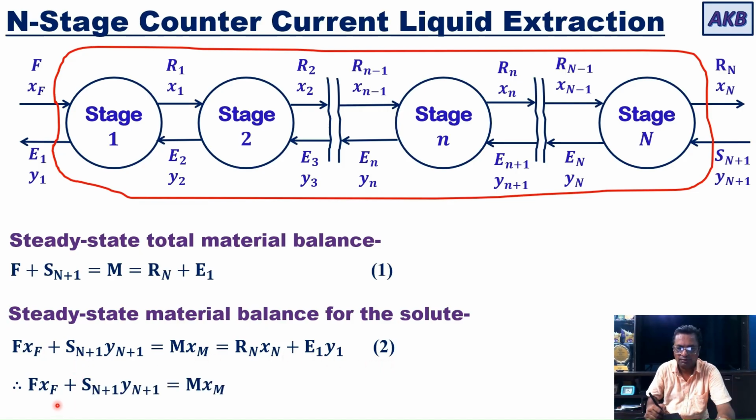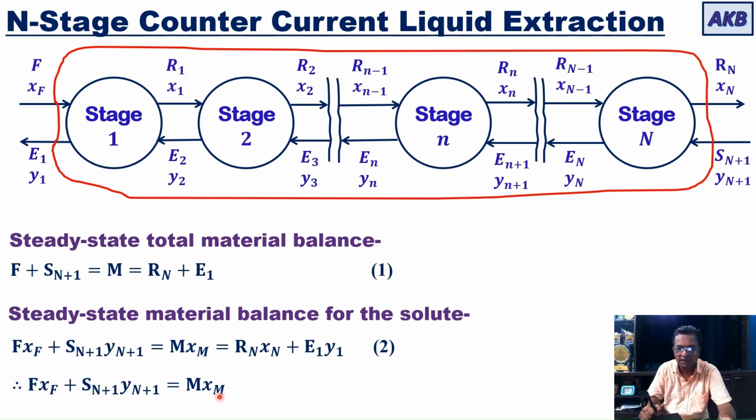So now we can write it like this. I have written the equation so that on the left hand side, I have quantities that are known to me. So it will be F into Xf plus Sn plus 1 into Yn plus 1, that is equal to M into Xm.